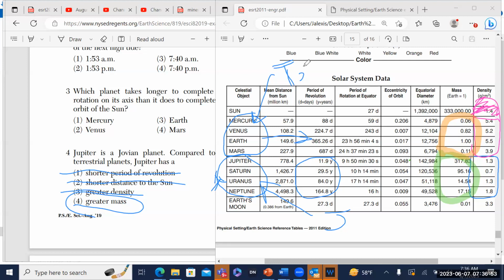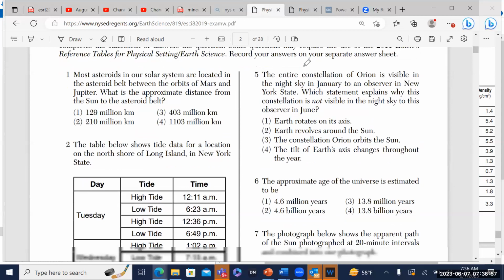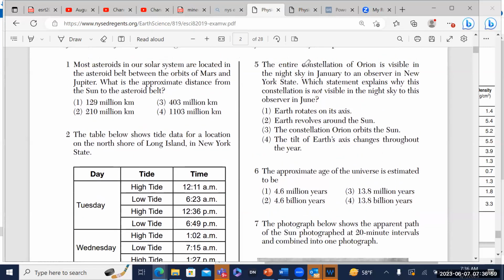All right, let's take a look at number 5. The entire constellation of Orion is visible in the night sky in January to an observer in New York State. Which statement explains why this constellation is not visible in the night sky to this observer in June?